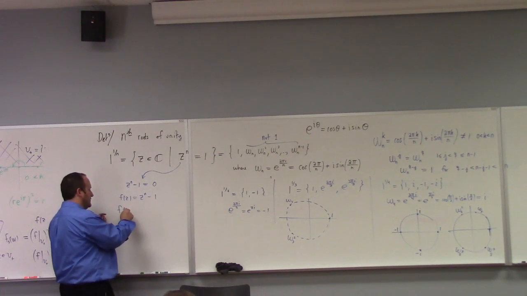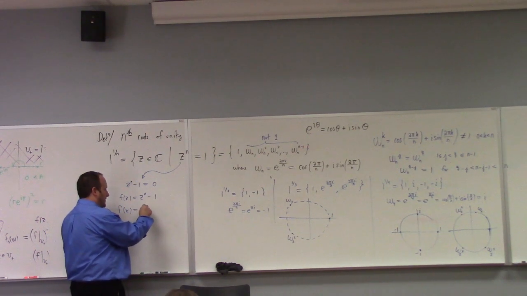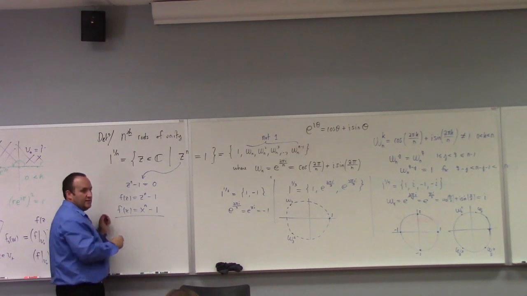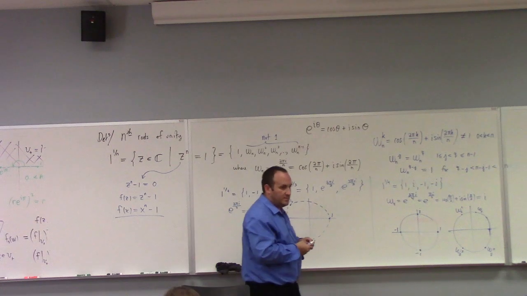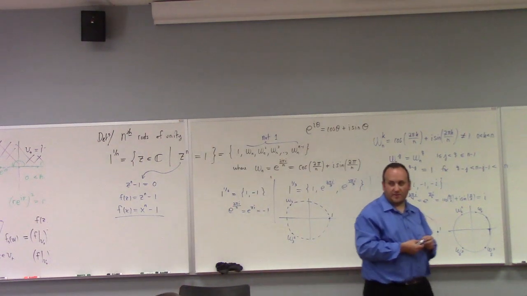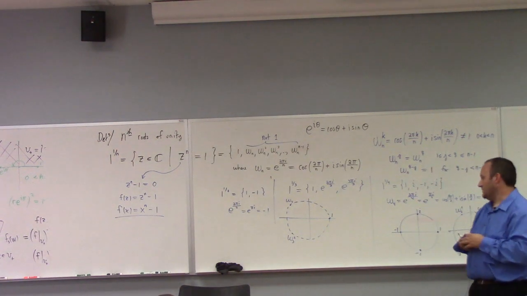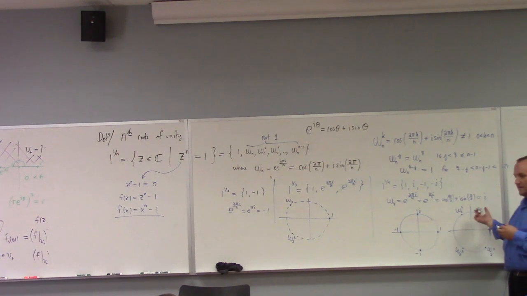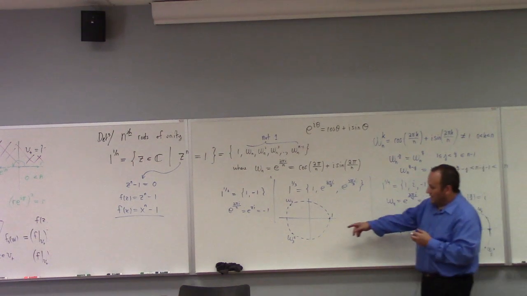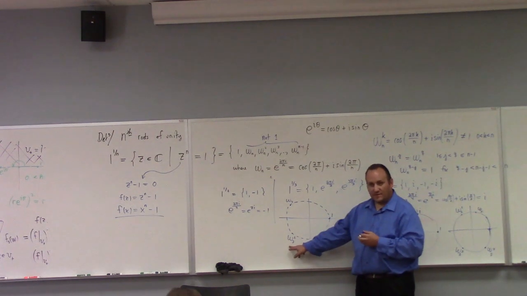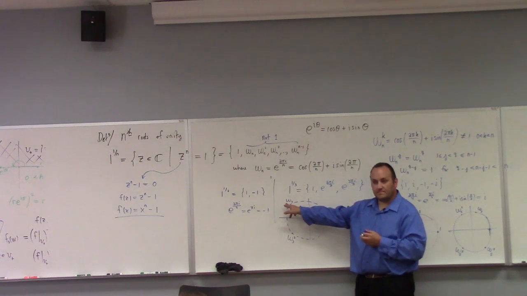They're zeros of this polynomial. Notice that it's a real polynomial, and we know zeros of a real polynomial come in complex conjugate pairs. So if you have a complex root of unity, like one that involves an imaginary number, there has to be a partner of it on the other side of the x-axis, which is just the complex conjugate. In other words, this omega 3 squared is the complex conjugate of omega sub 3.